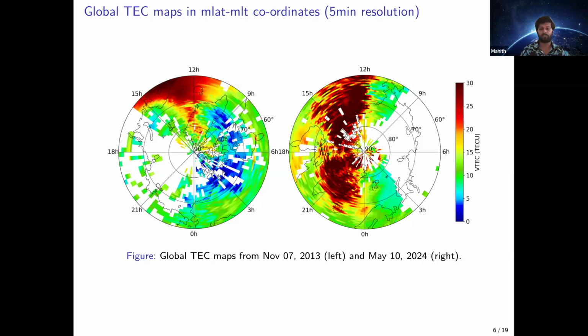But instead, we convert everything to magnetic coordinates, because we assume this coordinate system to be fixed and the Earth to rotate around it. The good thing is that you actually know where the structures are coming from and where they are propagating, instead of just focusing on a single geographical region.